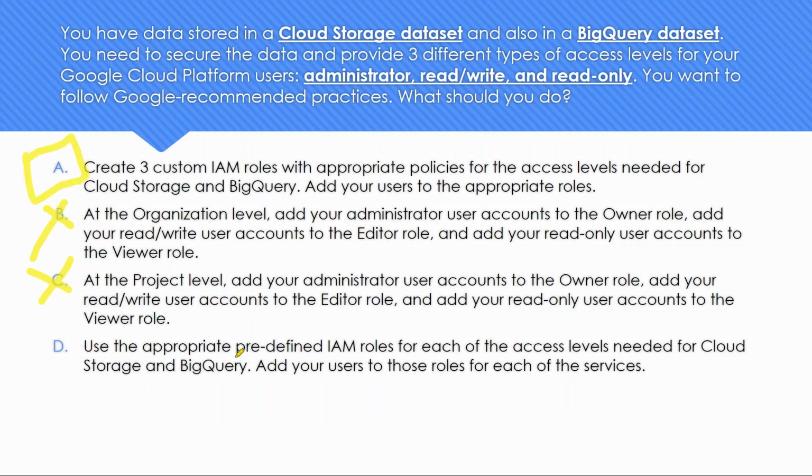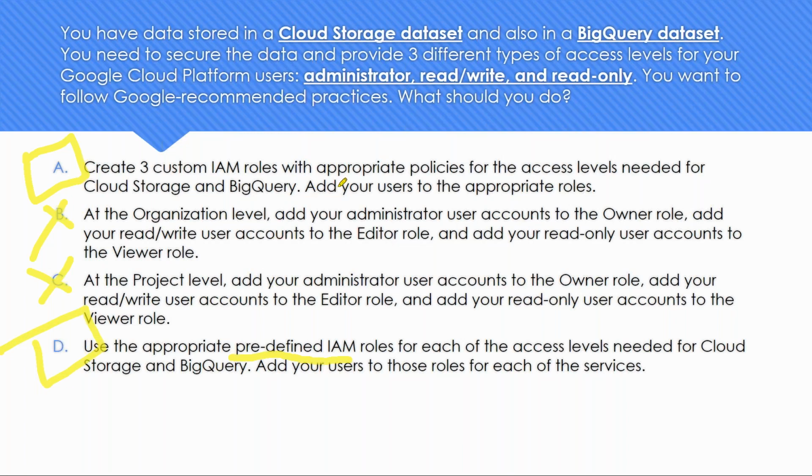Option D: use appropriate predefined roles for each of the access levels needed for Google Cloud Storage and BigQuery. Add your users to those roles for each service. D is also a good choice. Now A and D, which one should I go for, folks? Both are possible.